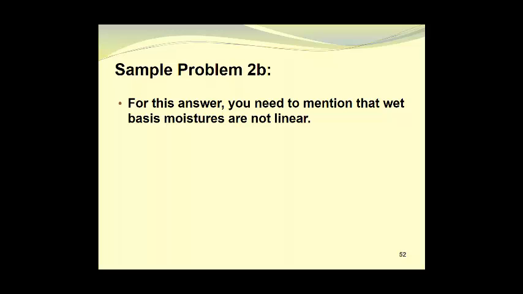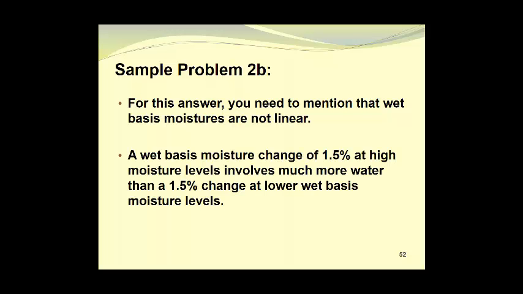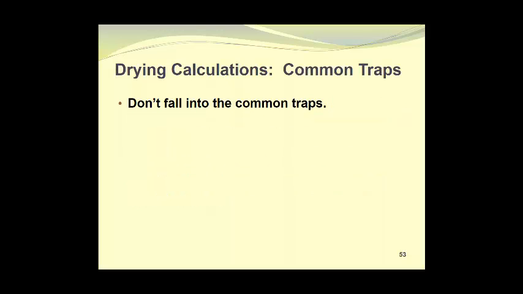For this answer, you need to mention that wet basis moistures are not linear. A wet basis moisture change of 1.5% at high moisture levels involves much more water than a 1.5% change at low wet basis moisture levels.